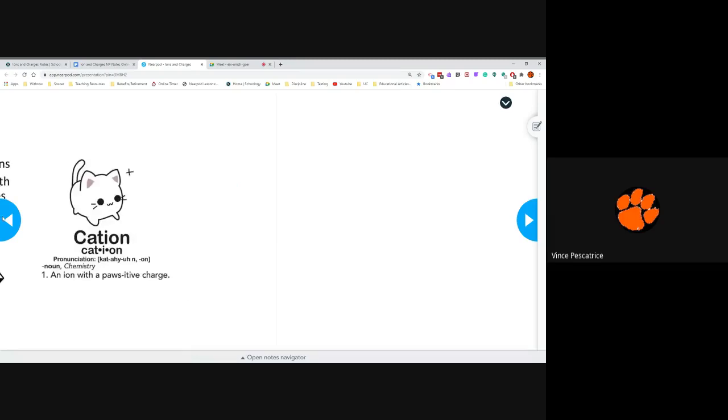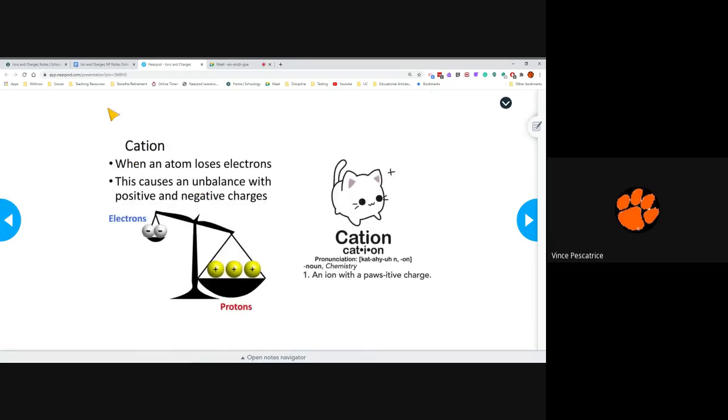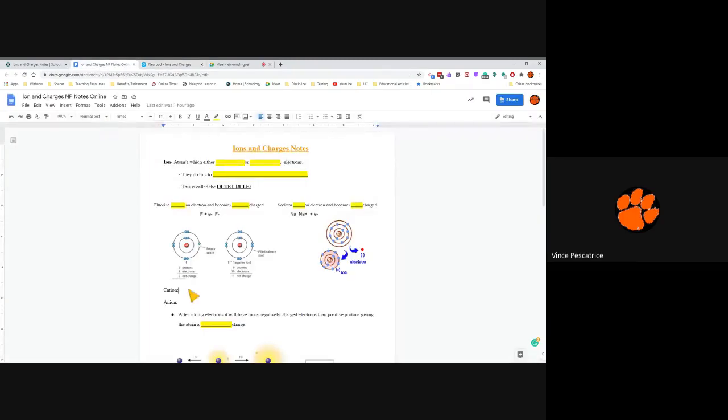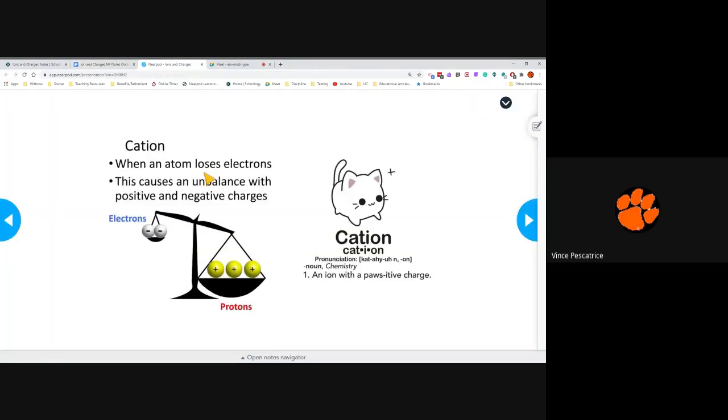So to look at this, a cation, this is one of your definitions down here, is when an atom loses an electron. This imbalance will cause it to have a positive charge. So this will have more protons than electrons because it gave its electron away.